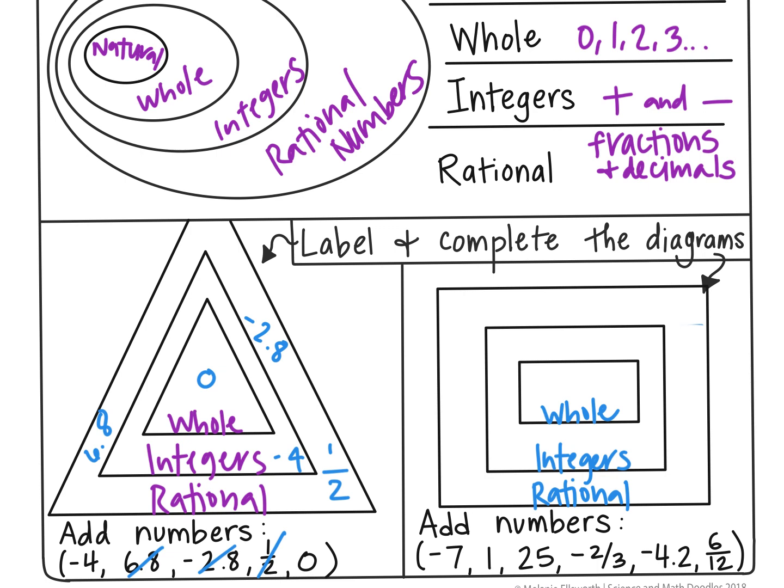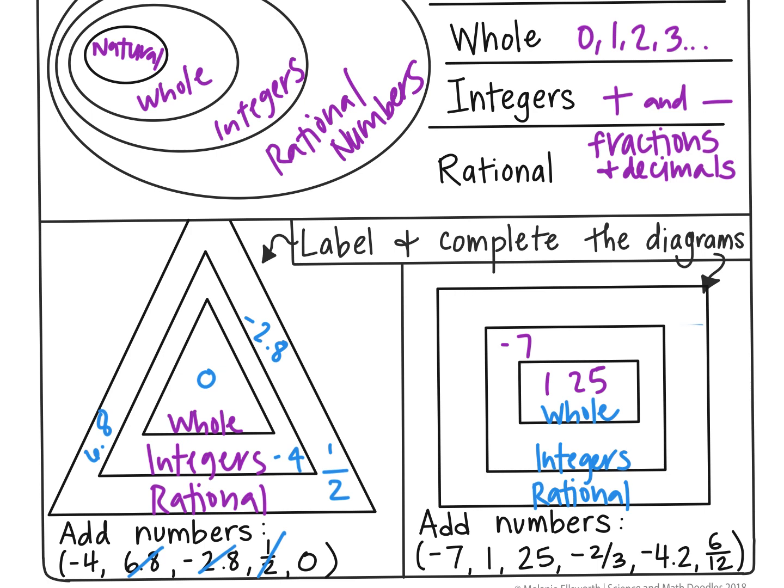Okay, peach table, I want somebody to tell me what numbers go in the whole number box. 1 and 25. Does everybody agree? Yes. Okay, what about the integers box, purple table? -7. Yeah, -7.